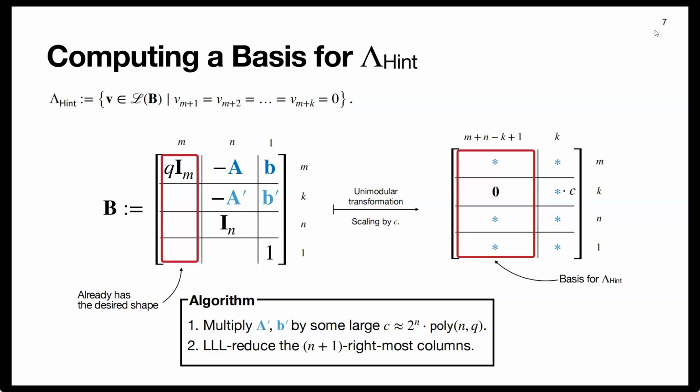Like using the Hermite normal form instead? Yes. Do you think about computing the Hermite normal form of this lattice or a larger lattice?